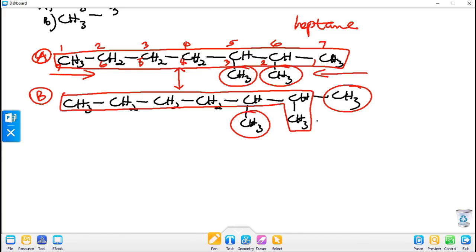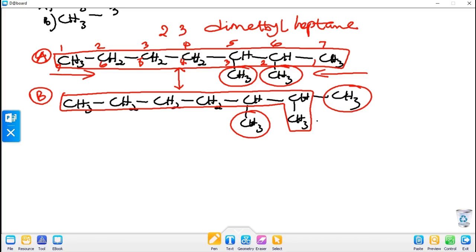Since it is like that, how many methyls are there? There are 2 methyls, so we are going to call it dimethyl. Now, where are they located? They are located at position 2 and position 3, so we also have to indicate position 2 and position 3.